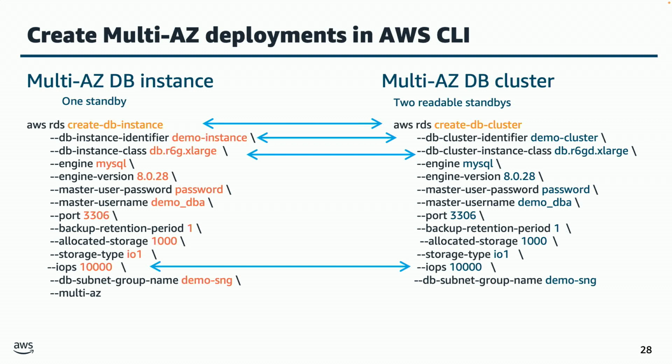But for multi-AZ DB clusters with 2 readable standbys, the API call is totally different. It is create-db-cluster, which creates a cluster with all the instances within that multi-AZ DB cluster. You also have the option to choose the engine, MySQL or Postgres, and the engine version. This is one of the differences between creating an RDS instance versus a multi-AZ DB cluster.